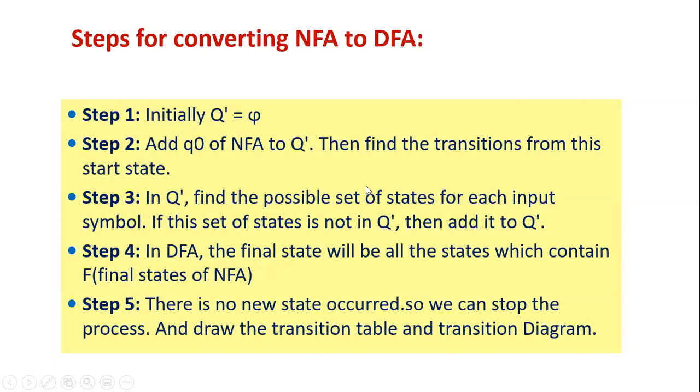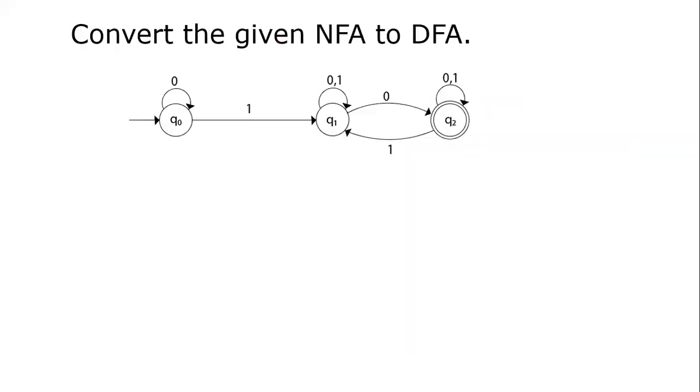The fourth step: in the DFA, the final states will be all the states which contain F. This step explains which one is going to be the final state of the DFA. For the NFA, which one is the final state?